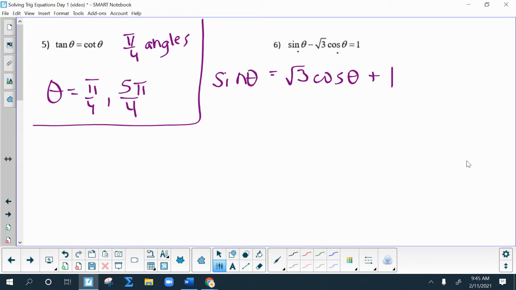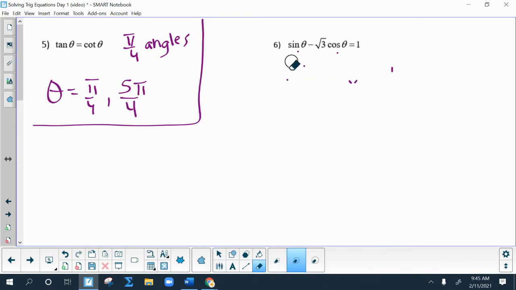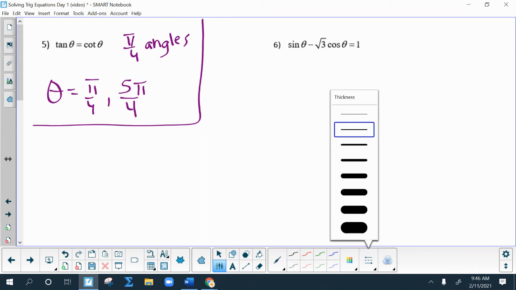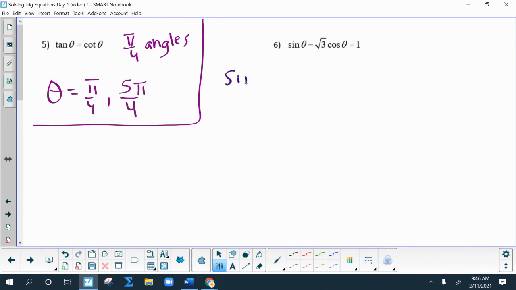I don't want to do it that way, actually. I think I want to move the sine over, so that I have the root by itself. Let's say it's going to be sine of theta minus 1 equals root 3 cosine theta.